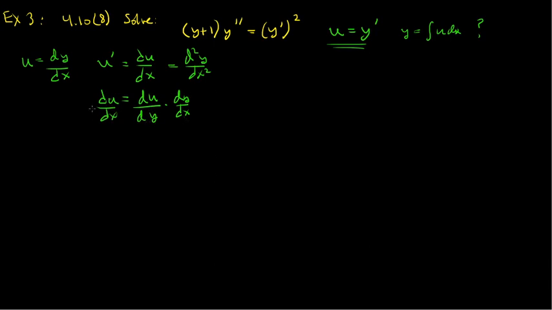You cancel the dy's. Again, that's the chain rule, right? But notice that dy by dx is also just u itself. So this is the derivative of u with respect to y now times u. Or, doesn't matter the order, u times the derivative of u with respect to y. Right. So u du by dy.